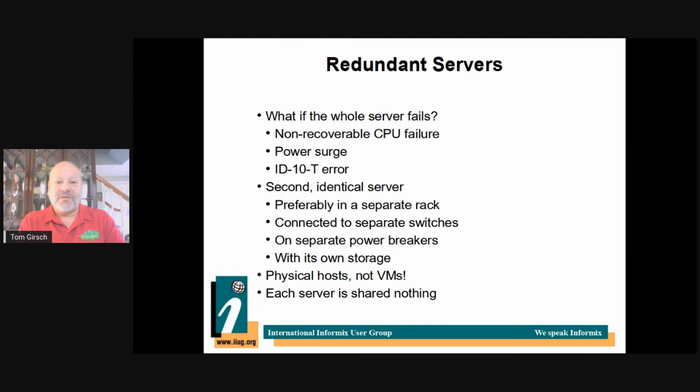You got 2 servers with double everything in each server. It's important here, and we'll cover in a little bit, that if possible, these be physical hosts rather than virtual machines. And super important is that each server in this topology is shared nothing, because once you share something, that thing that's being shared can be the thing that fails and bites you in the butt.